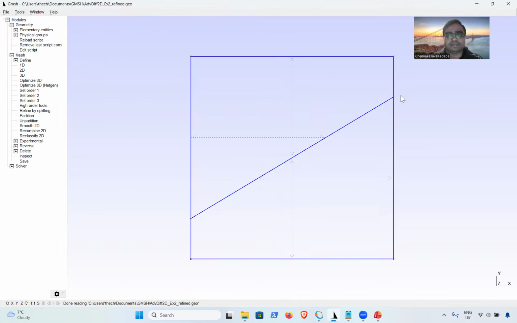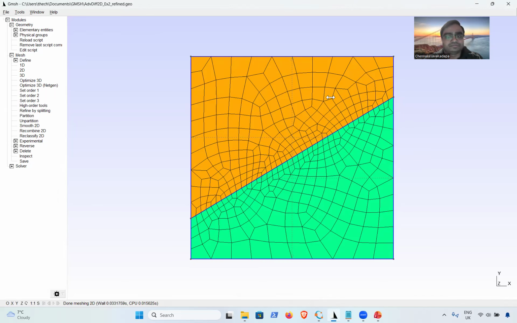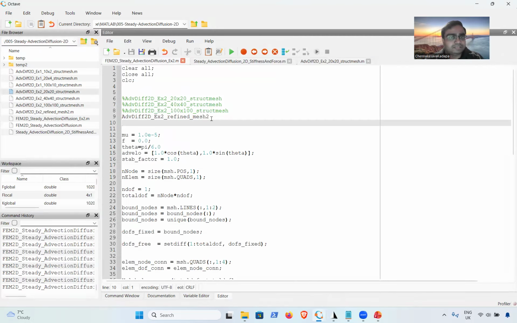What I have done is I have created a line along the jump, because I know that there is going to be a jump along this line. This is kind of cheating, but it helps demonstrate the refinement property. You see here the mesh is coarse here and it is fine here. So by selectively refining the mesh, we can improve the accuracy. I think I have an even finer mesh. Let me run and check.